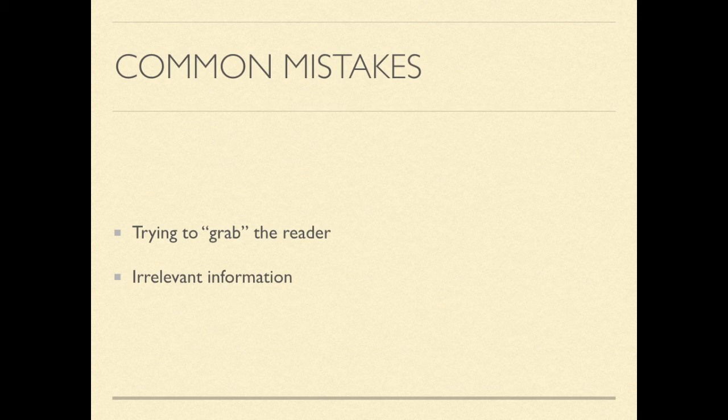It's a common misconception that an introduction has to grab the reader or catch their attention, an idea that comes from journalism and magazine writing. That is true in many instances. In a magazine like The New Yorker, for instance, where there are many other articles competing for attention. But in an academic article, it's more important to convey useful information.